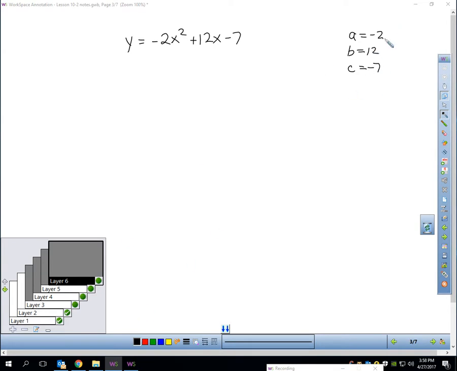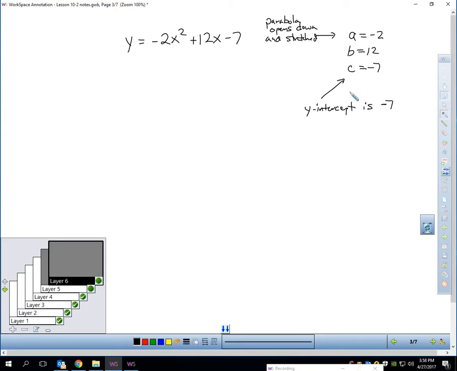Let's think about what these numbers mean. A is negative 2. That means the parabola opens down because we had the negative. It's also stretched. It's growing 2 times faster. Opening down and being stretched. C is negative 7. That means the y-intercept is negative 7.